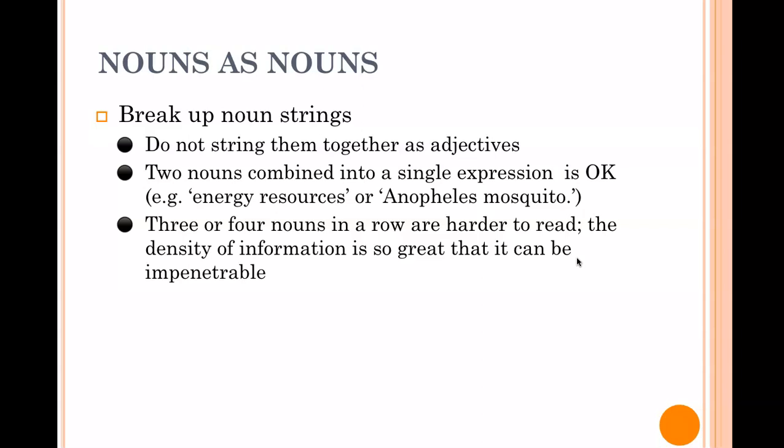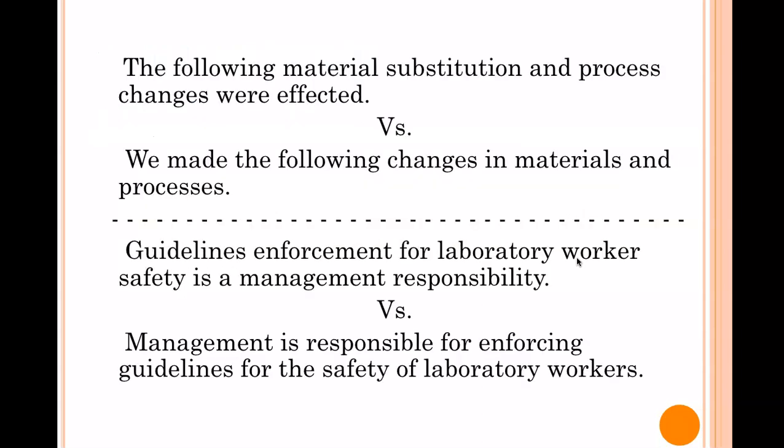So try to be specific. Don't use more than two or three nouns together for a stronger communication of the meaning. "The following materials substitutions in the process changes were affected." This can be better written as "We made the following changes in the materials and process."